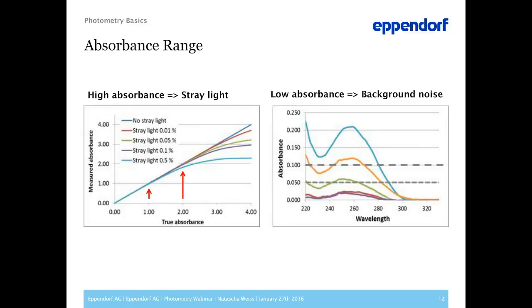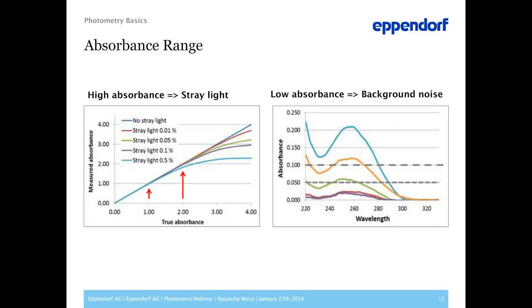Besides deviations when measuring high absorbance, the Lambert-Beer Law is also limited when very low concentrated samples are used, due to background noise coming from electronic components of the photometer and the environment. The figure on the right side illustrates that an absorbance higher than 0.1 can be easily distinguished from the noise, whereas this becomes more difficult with lower sample concentrations.